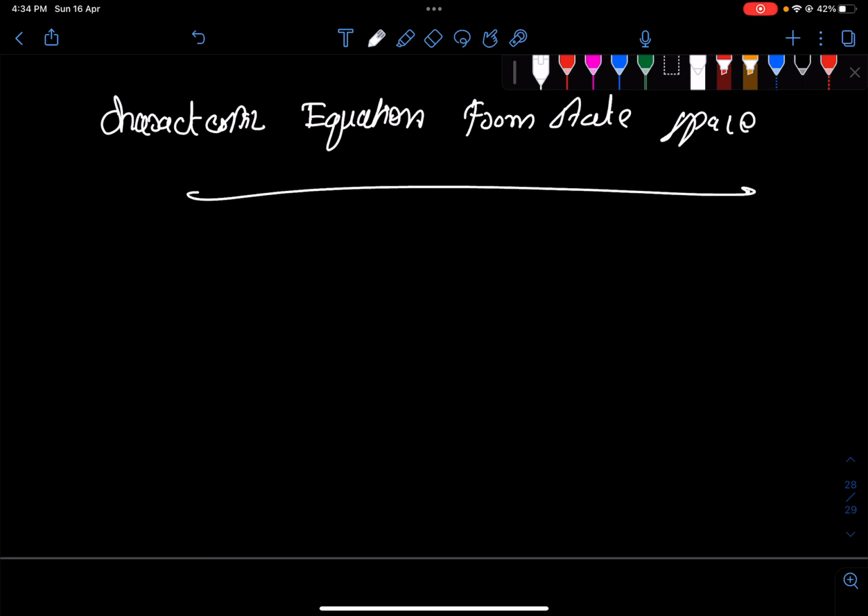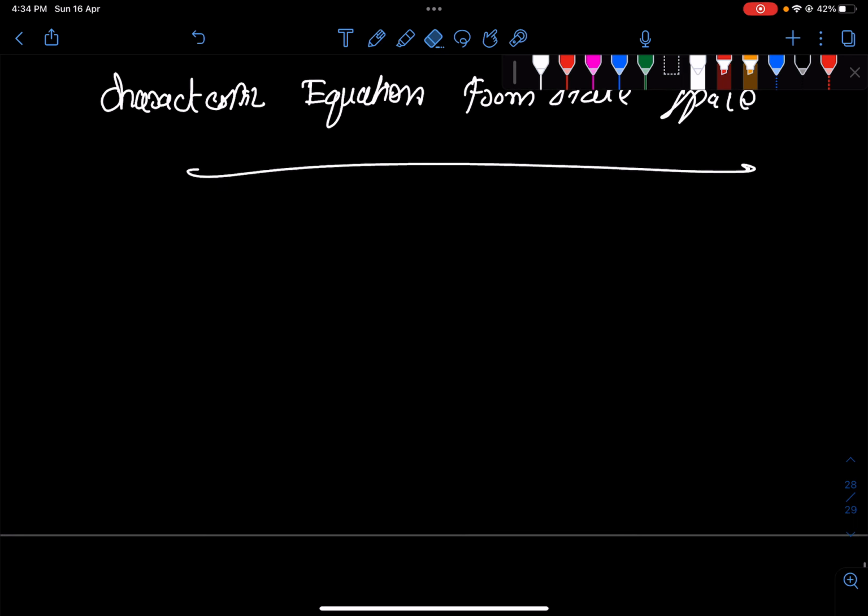Two more questions you can do from here, which I will do after discussion of this one. For now let us do this one: characteristic equation and steady state error. I will teach those two topics. After that we will move on with the problems. Okay.